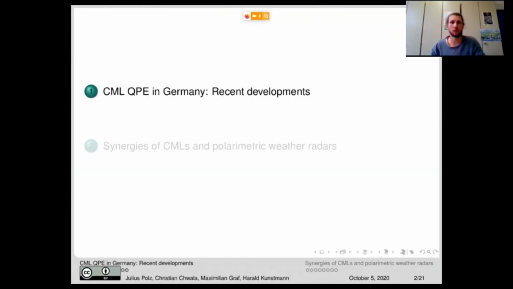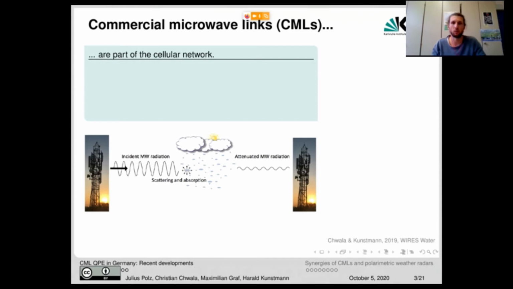My talk will be in two parts. First I'm showing some recent developments of the CML QPE in Germany, and then I'm briefly showing some preliminary results on synergies of commercial microwave links and polarimetric weather radars, which concerns work that we also do in the RealPep research group.